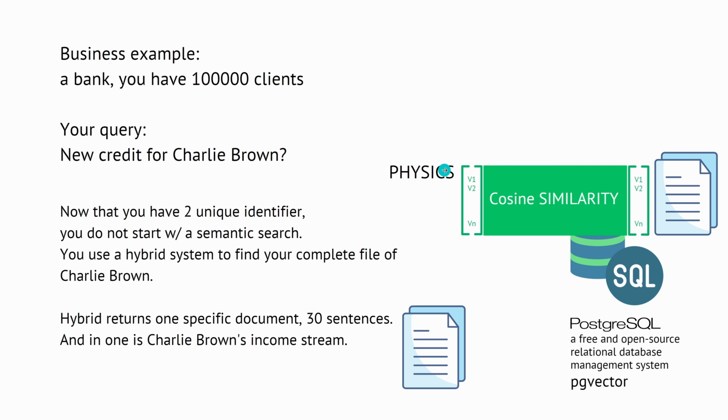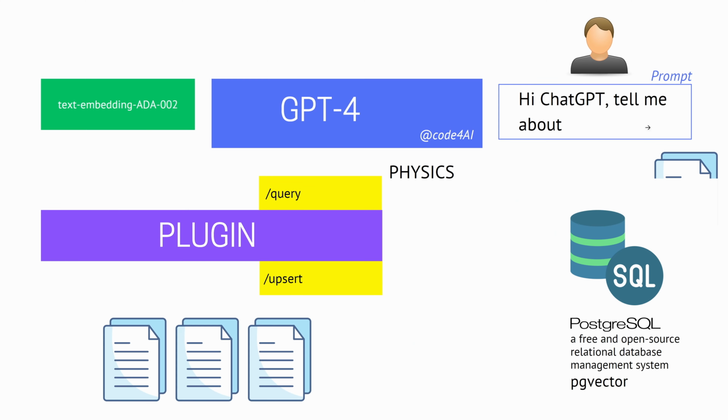And now you calculate a cosine similarity mathematical function between your search vector and your document vectors, 30 document vectors. And let's say in one sentence, so one vector gives you, hey, here's the information, the cosine similarity. Here it is. Beautiful.